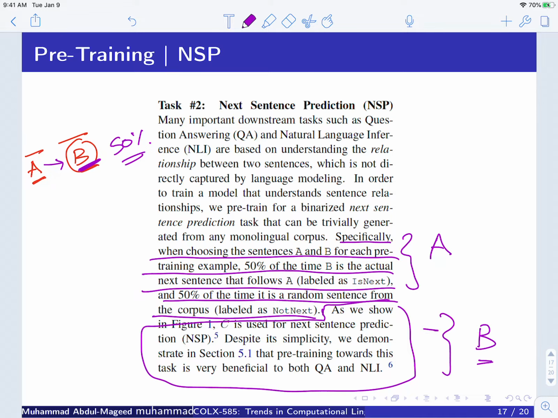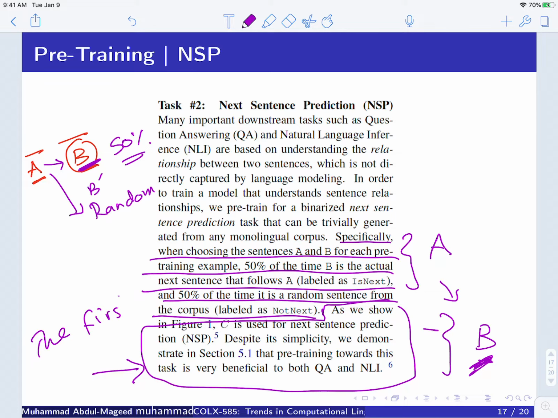So 50% of the time, from the Wikipedia dataset they train on, they leave the second sentence as is, so it really does come after the first sentence. But for the other 50% of the time, they pick a random sentence, let's call it B bar, fetched from elsewhere and just put here.